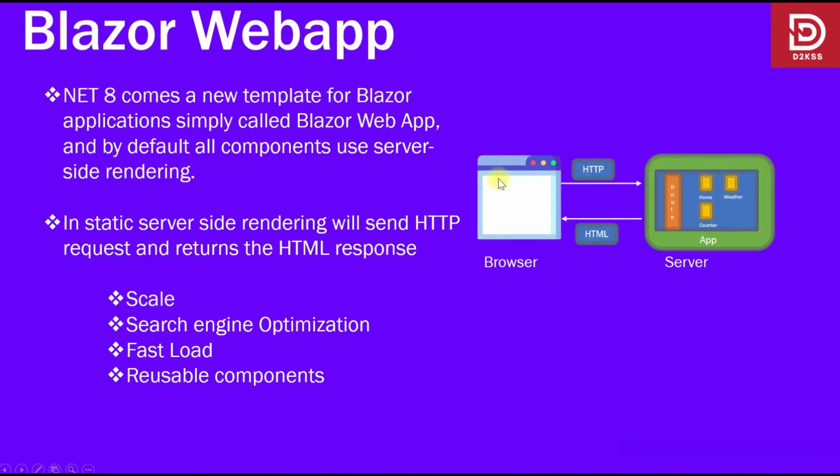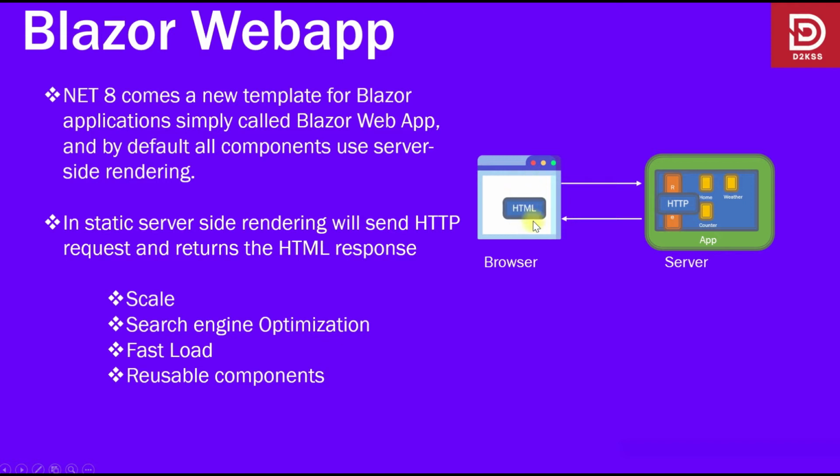You open your application in the browser and send an HTTP request to the server. Once the HTTP request has reached the server, the route view will identify what page the user is trying to access, get the response from that particular page, and return the HTML response back to the browser.